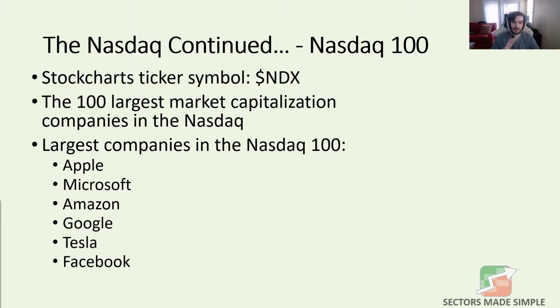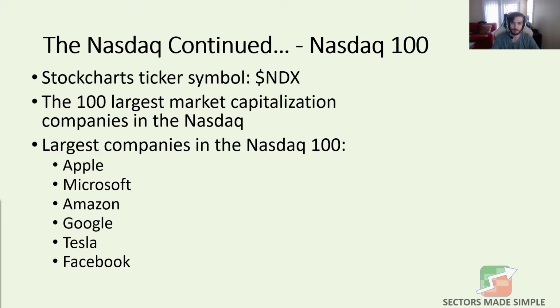Now, there is a second exchange, the New York Stock Exchange. And between the Nasdaq and the New York Stock Exchange, that is where the vast majority of US trade happens. And we don't want to know just how the New York Stock Exchange is doing or how just the Nasdaq is doing.